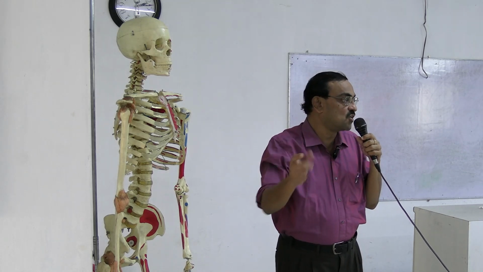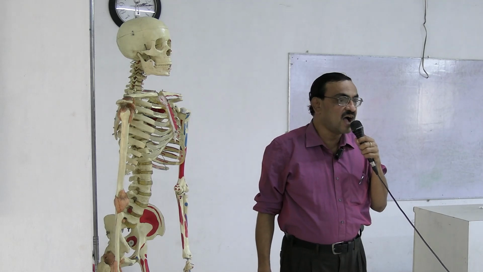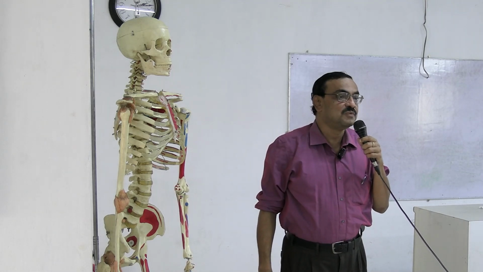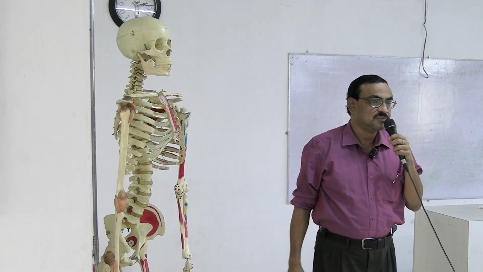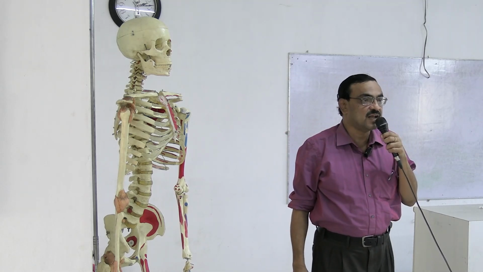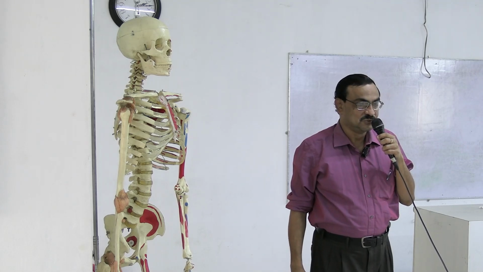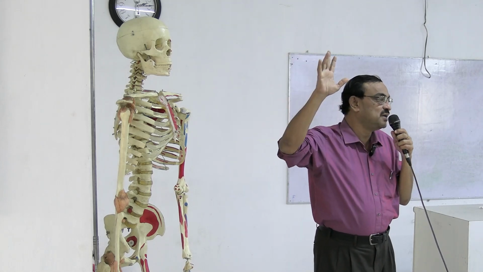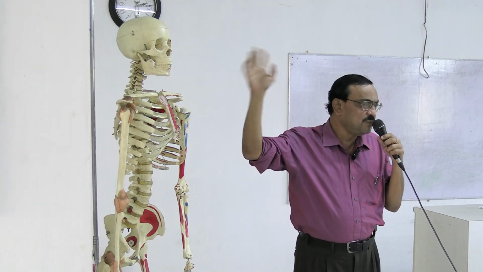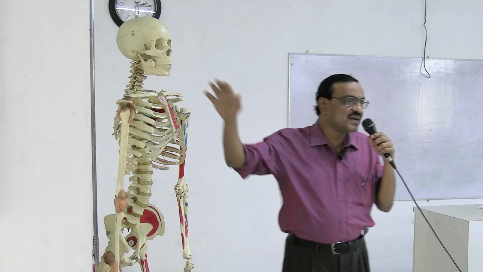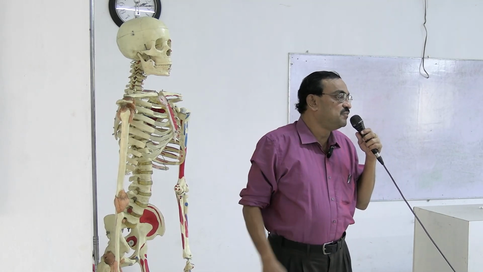Remember "Round Table Doctor's Conference": round means roots, table means trunks, doctor's means divisions, and conference means cords. So in the brachial plexus we will get roots, trunks, divisions and cords. In the axilla we will get the cords and the branches of the different cords.